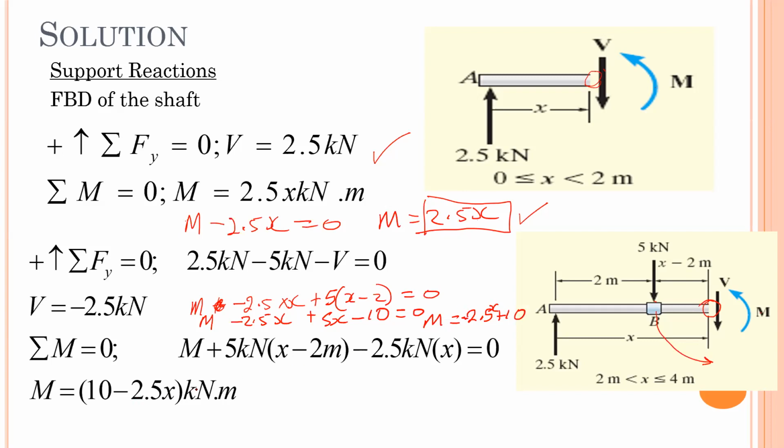See down here? Only that they write it up in a neat way down there. So in other words, M is equal to minus 2.5x plus 10. So you get an expression for your bending moment, and that expression considers everything from A right up to C. It doesn't incorporate just B and C.